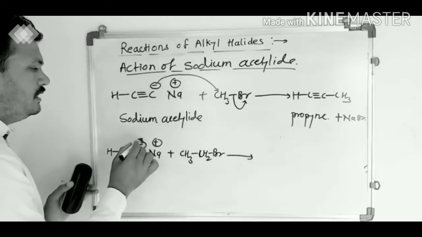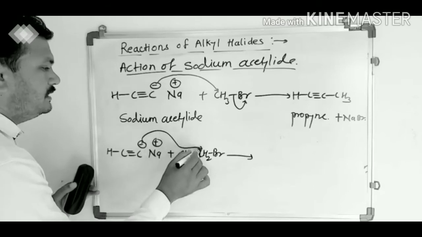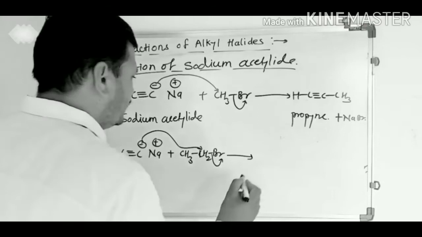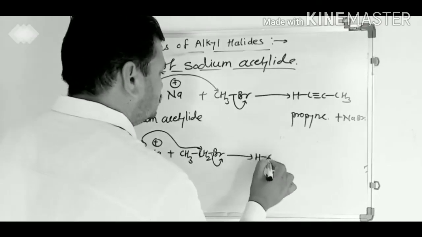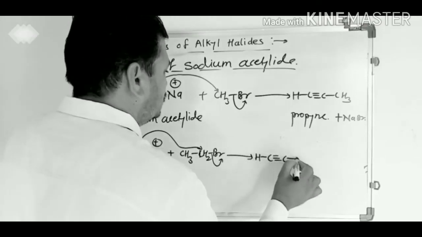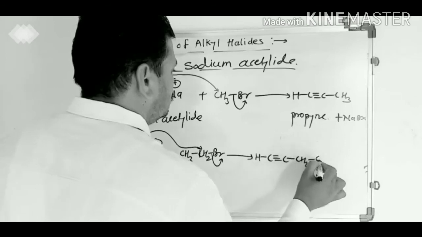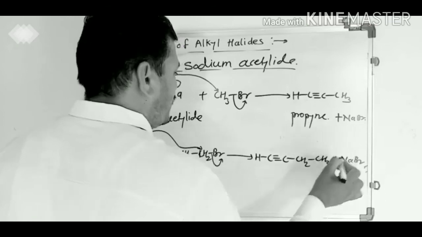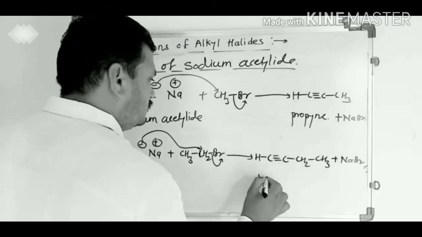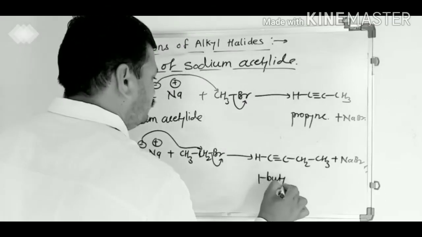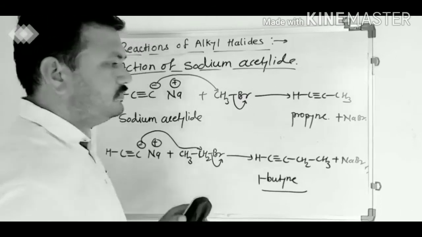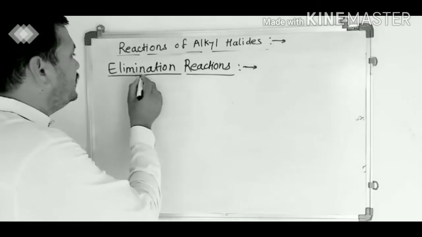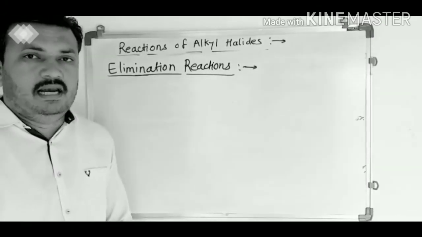Attack of this nucleophilic carbon on this carbon atom takes place and removal of this bromine, Br minus, as a leaving group takes place, and we get the product which is C triple bond C CH2 CH3 plus NaBr as a byproduct, and it is 1-butyne. Okay.